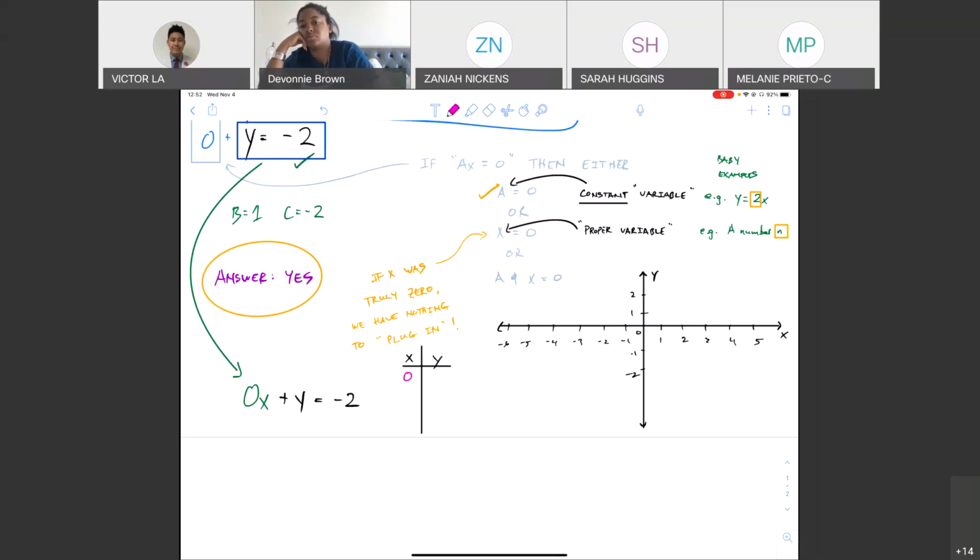Someone humor me. If I plug in 0 for x, what does that turn into? The 0 times 0 turns into 0, right? Which means that y is equal to what? Try again.